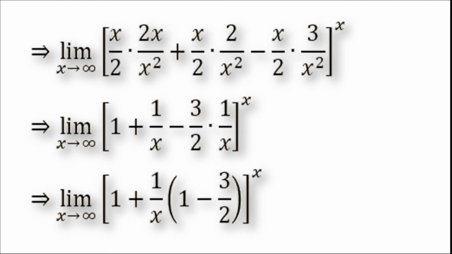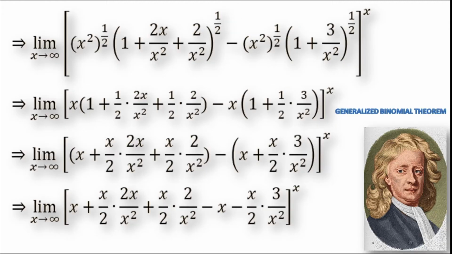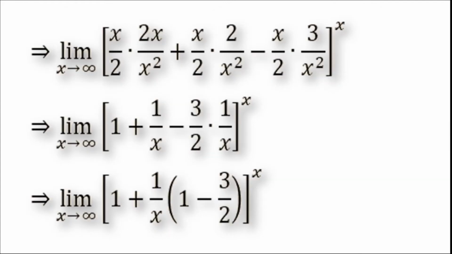So now we have cancelled certain terms. So you can see here, we have cancelled that x term. So now we have x by 2 multiplied by 2x by x square plus x by 2 multiplied by 2 by x square minus x by 2 multiplied by 3 by x square, whole power x.